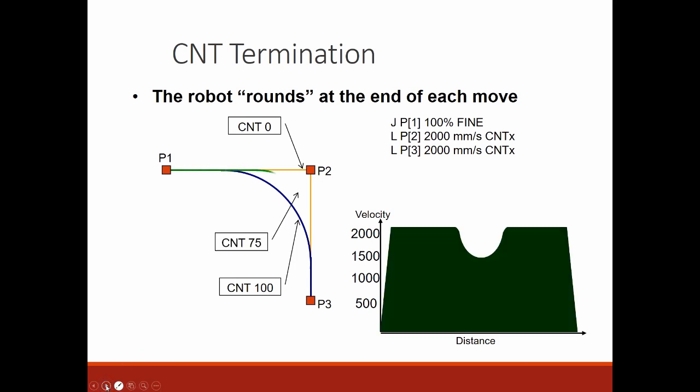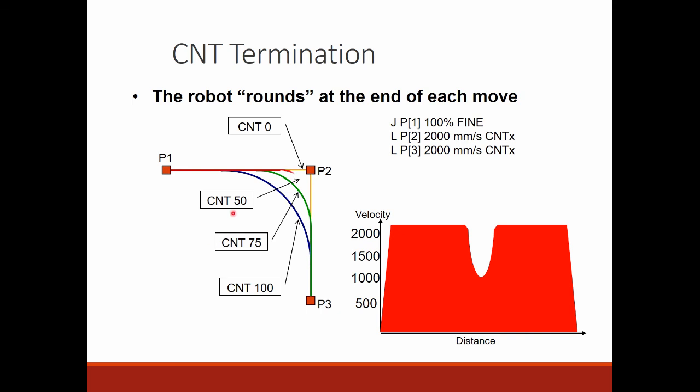However, if we do continuous 75, as it gets close to P2, it does start to decelerate so that it can get closer to P2 before passing by it and then accelerating back up to its defined velocity. And again, even if we do a continuous of 50, it's able to get a little bit closer to P2 by decelerating even further, slowing down to 1,000 millimeters per second, or 50% of its defined speed, before advancing on.